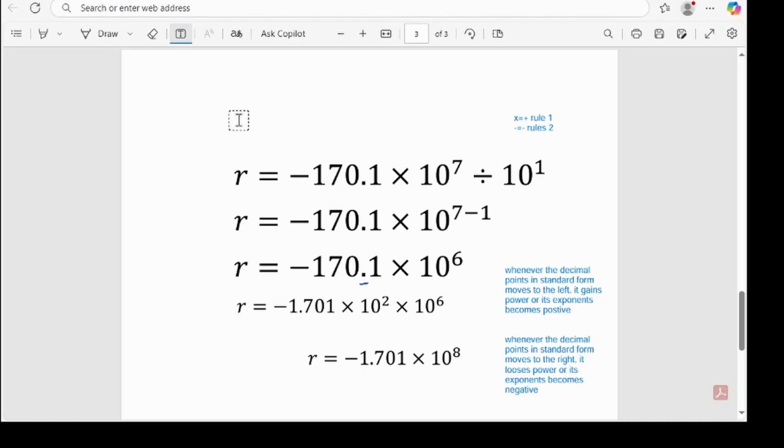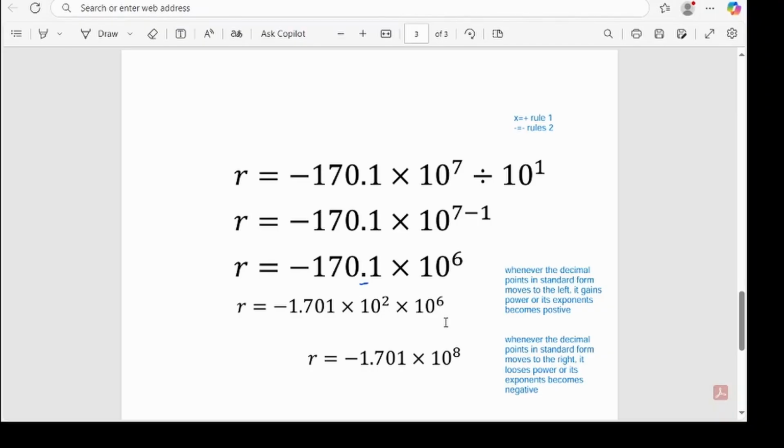So let's move on to the next step. Based on the rule, we want to make 170 a perfect number. That means we want 170 to stand on its own.